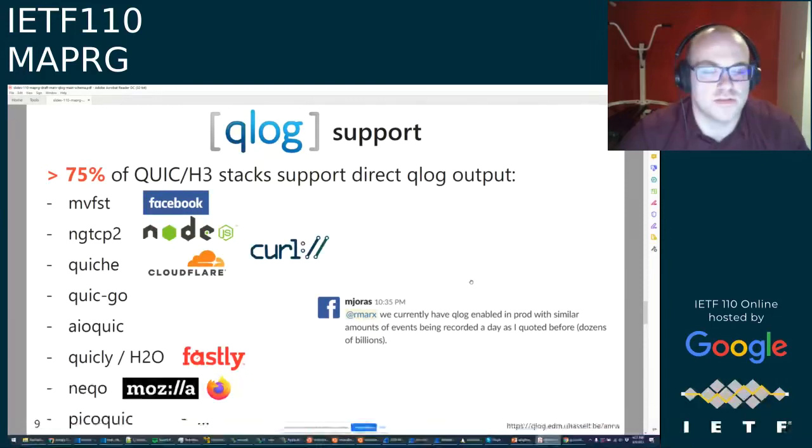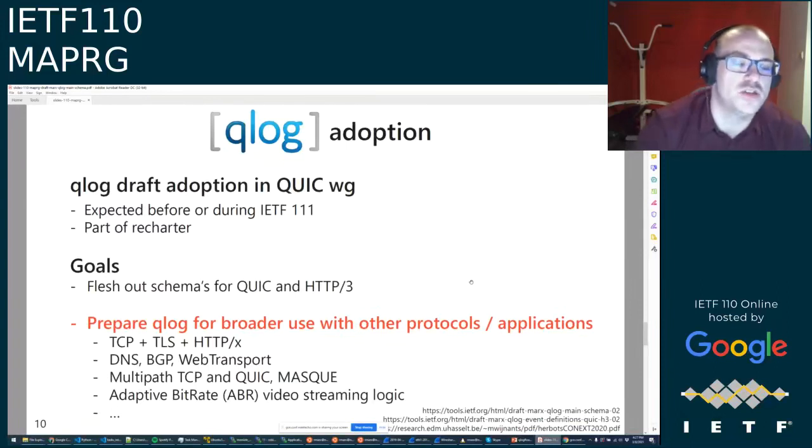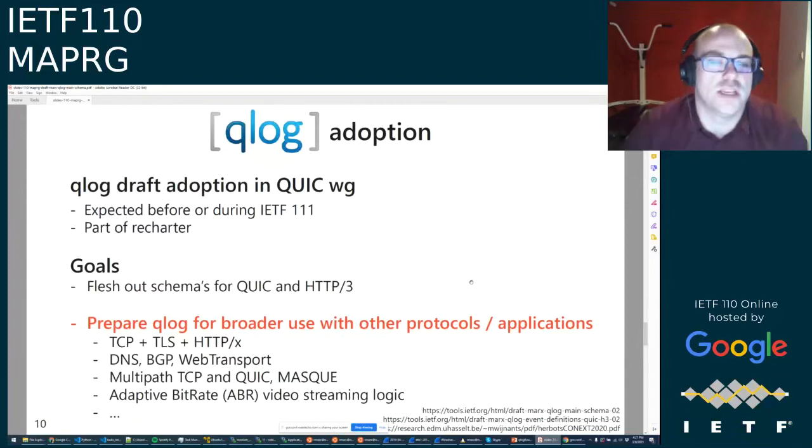Because of this relative success, we now have plans to adopt qlog in the QUIC working group. They have been separate drafts until now, but we're moving to adoption soon. And our goal there is not just to flesh this out for QUIC and H3, but also to start looking at how we can bring this to different protocols and different use cases as well.